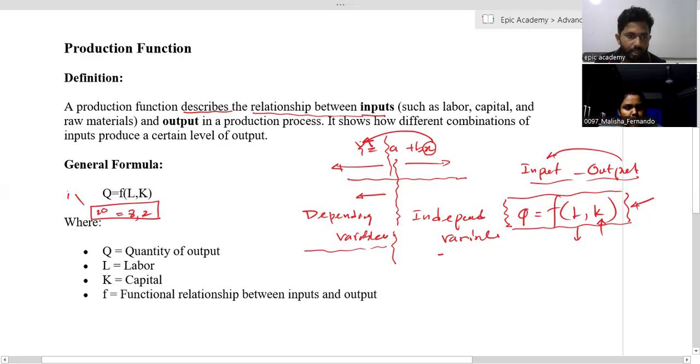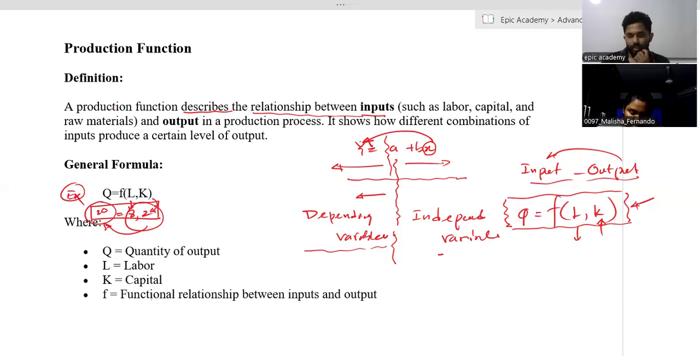Just consider if they need to produce 20 quantities of a certain production, they have to get 8 labor hours and 2 capital inputs. By using those two, they can produce 20 production or quantity of the output. This is the level. So function means the relationship between input and output. F means the functional, mathematical relationship between inputs and output.